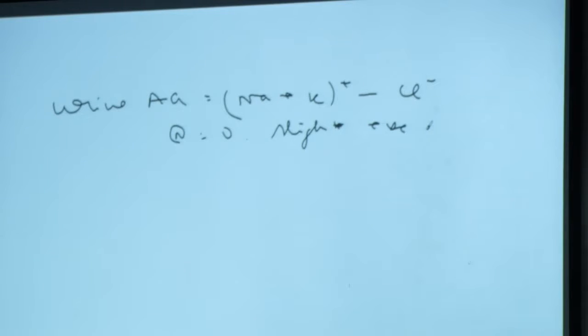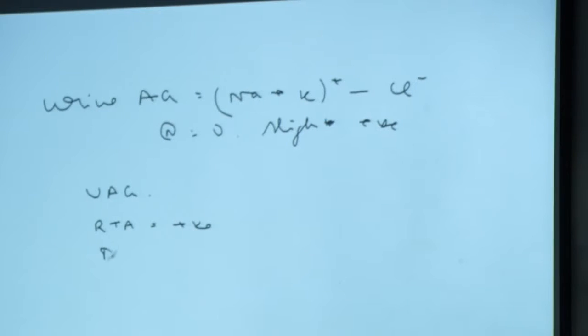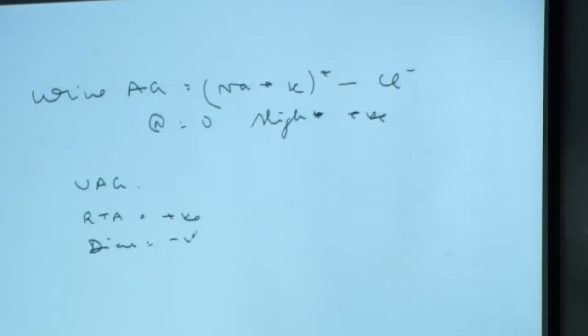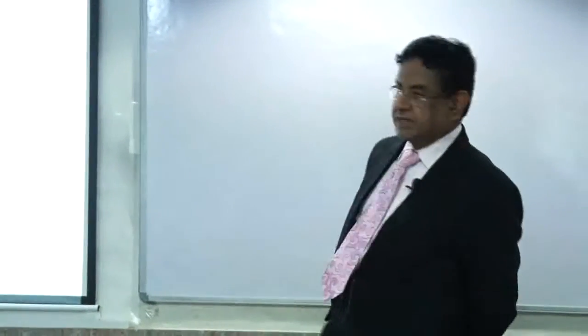Now, the question. Urine anion gap, you write down like this. In RTA, it is positive. In diarrhea, it is negative. This is very, very important, a 270 marks point.